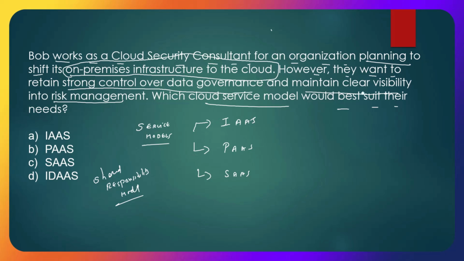And they want to maintain clear visibility into risk management as well. So based on these two keywords, I can understand they want more control. They want as much control as possible on the cloud. When you go for software as a service as a customer, we have very little control.